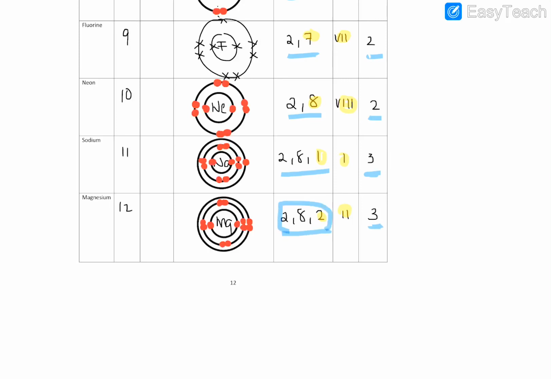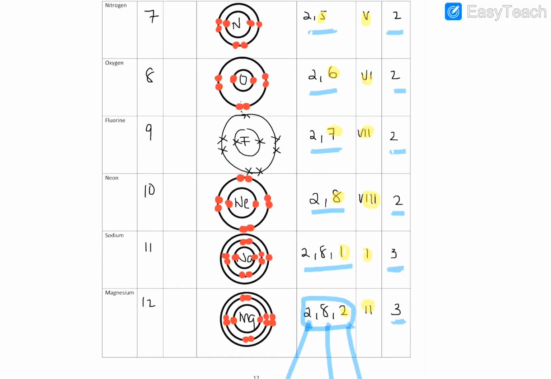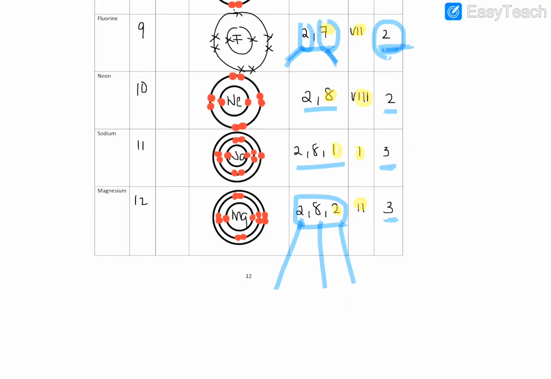So period number 3, there's 2, 8, 2. Period number 2, it's 2, 7. So depending on which period it is found, you will know how many shells are being filled in. So it's found in second period, means there's 2 shells being filled. First shell, second shell. Found in period 3 means there's 3 shells being filled.